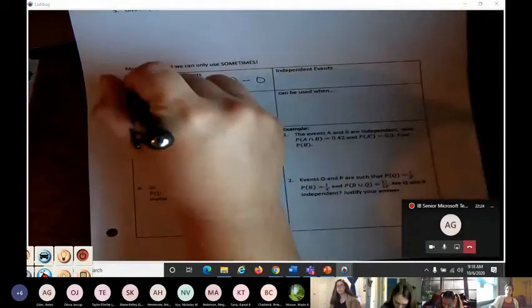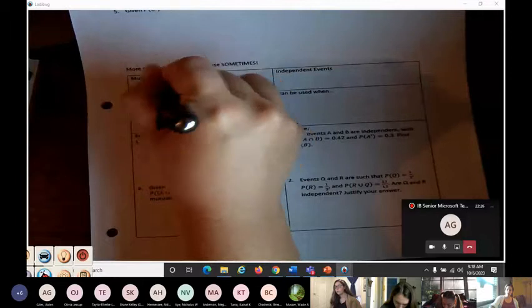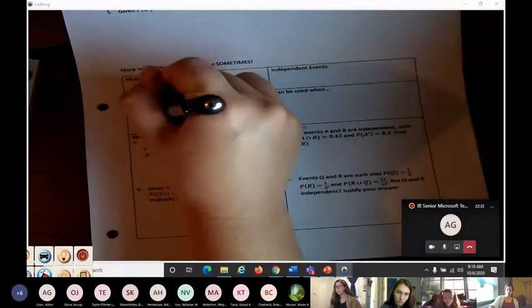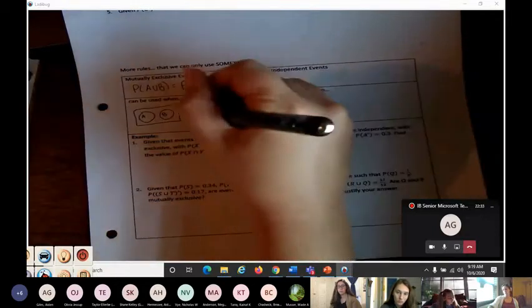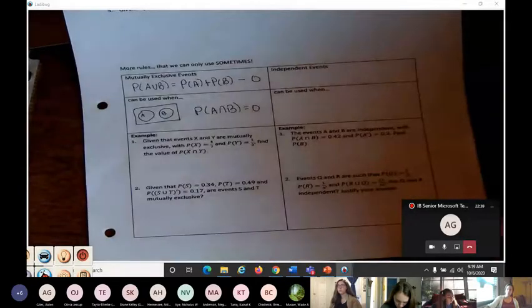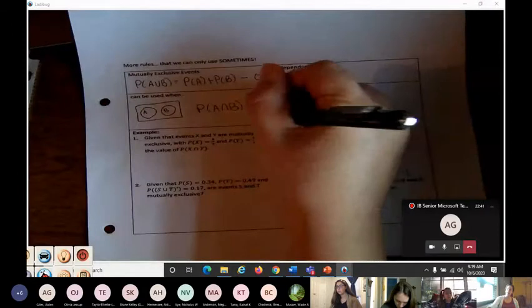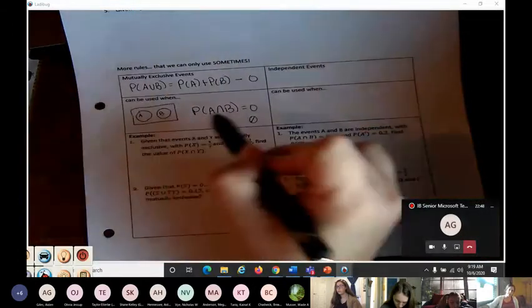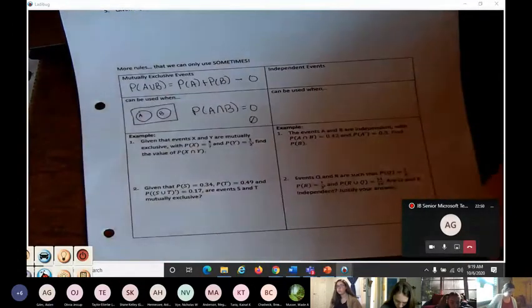This can be used only when the event A and the event B have no intersection. So P of A intersect B is equal to 0. Sometimes you'll see it written as the empty set or the null set, saying there are no elements in the set of the intersection. What questions do you have about that?